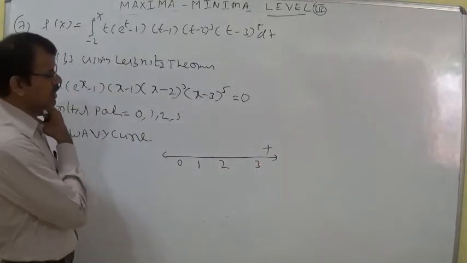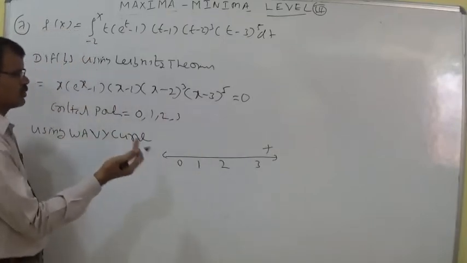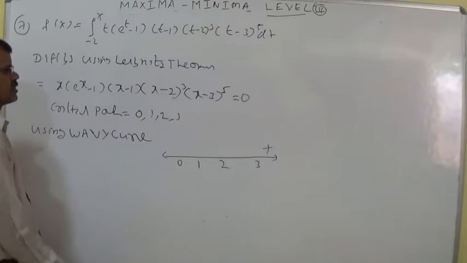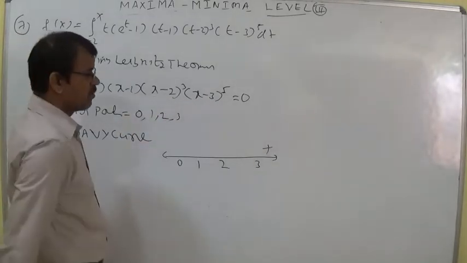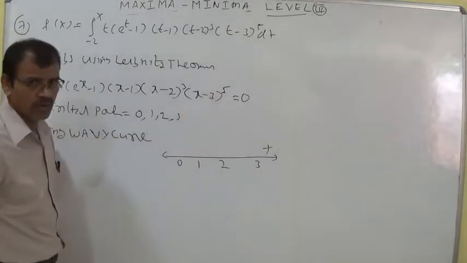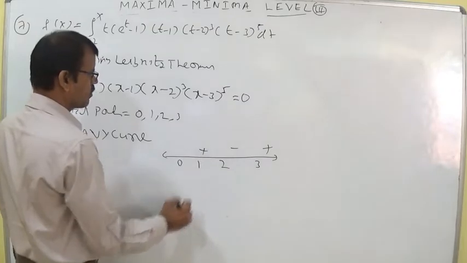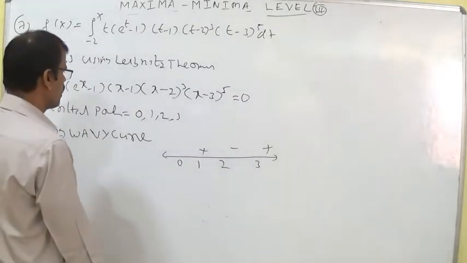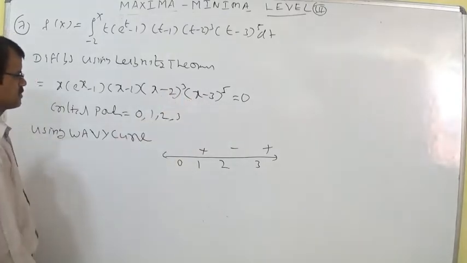Between 2 and 3, when using the wavy curve, the sign alternates. If you have any doubt, you can check it: 2.5 minus 3 is minus 0.5, whole power odd number is negative, so the total value is negative. Next, at 1.5, 1.5 minus 2 is negative, and negative times negative becomes positive, like that.